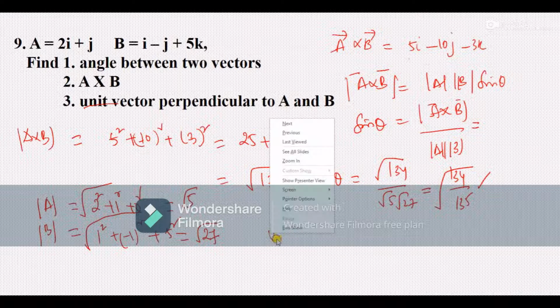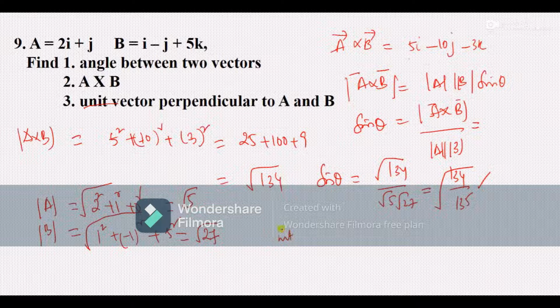So next we will find the unit vector perpendicular to A and B. You know from the definition that a unit vector is one where the magnitude of the vector is 1.